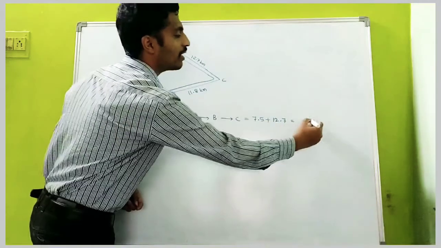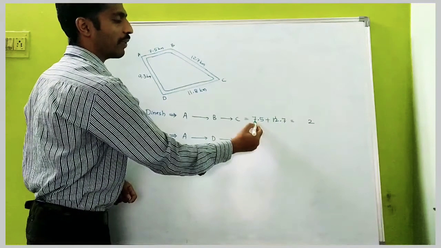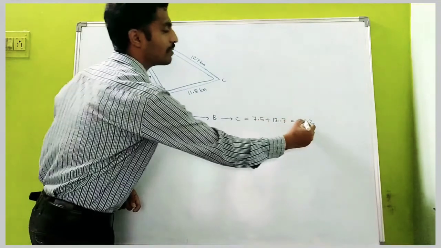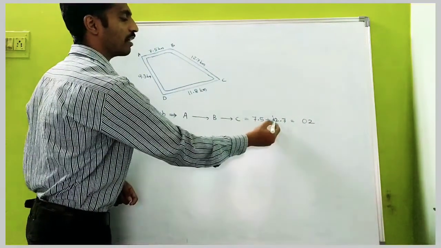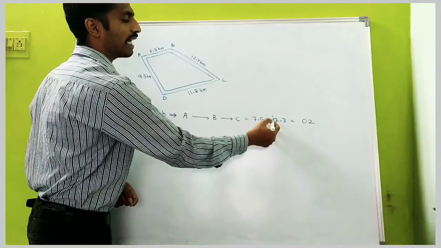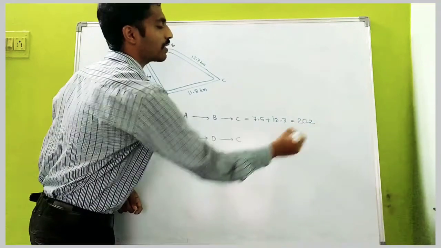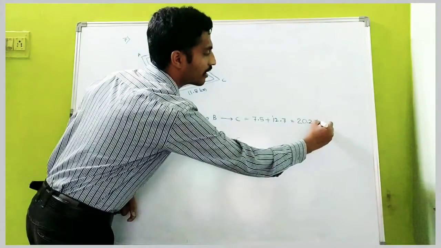So 5 plus 7, 12. So carry will be 1. Next ones place 7 plus 2, it will be 9. 9 and carry 1 is there, it becomes 10. So again carry 1. Here tens place is 1, 1 plus carry, that is 2. Point is there at the first one. So 20.2 kilometers he traveled.